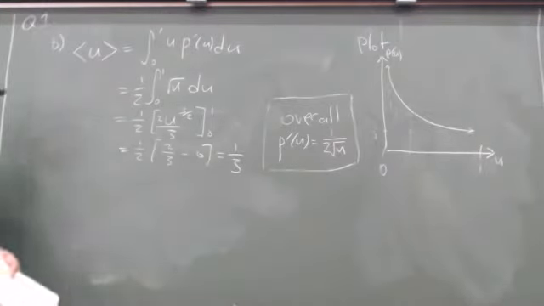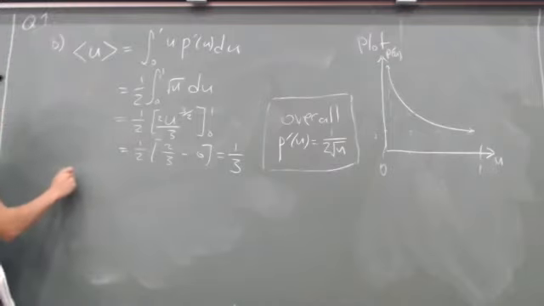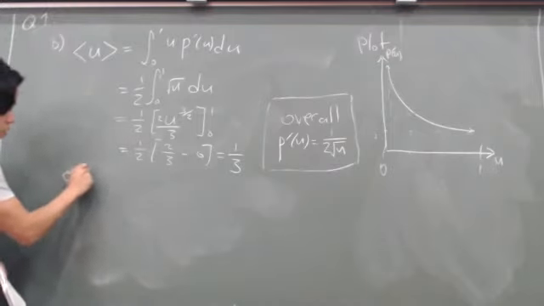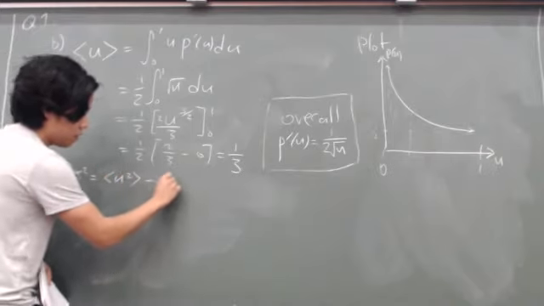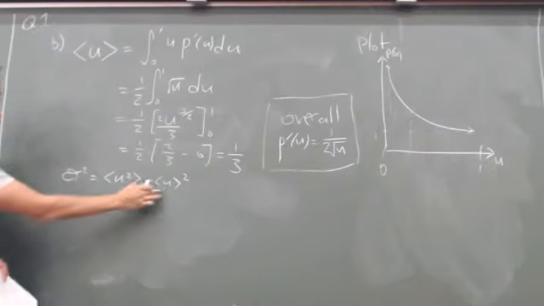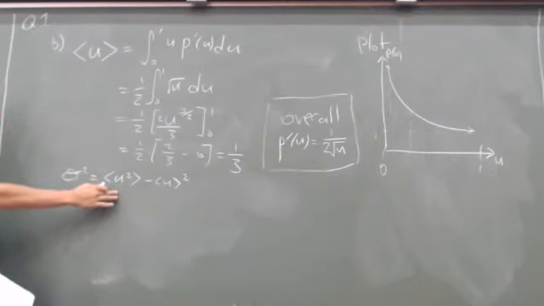Okay, and the second one is the standard deviation. But standard deviation you need to find from sigma squared. So sigma squared is the average of u squared minus the square of the average of u. We got this already, that's 1/3. So we just have to find this piece.